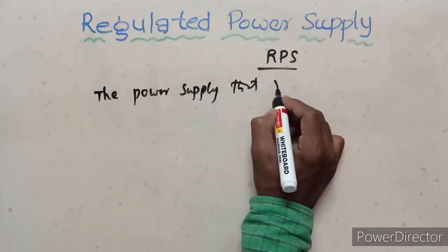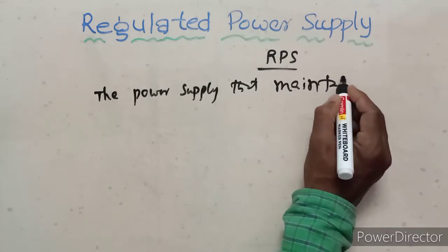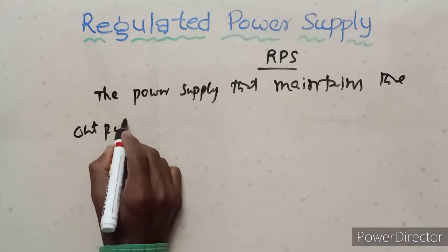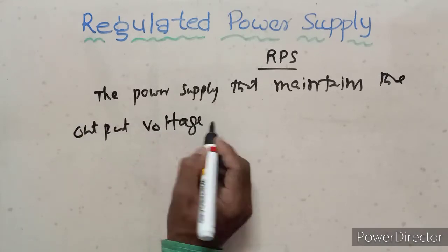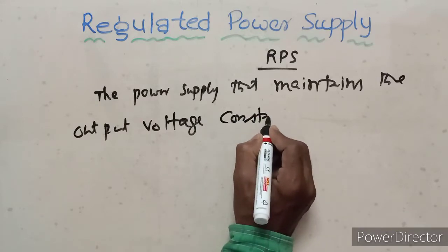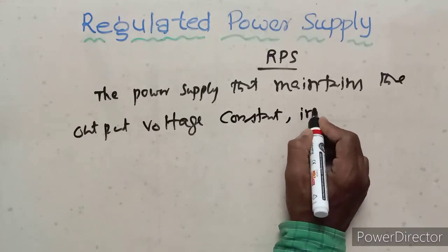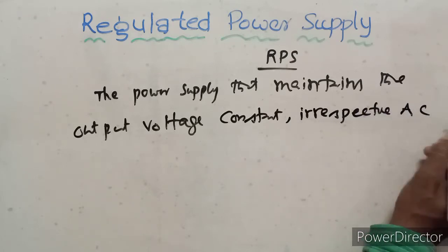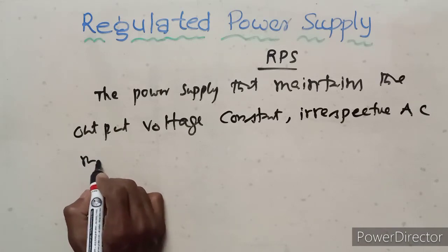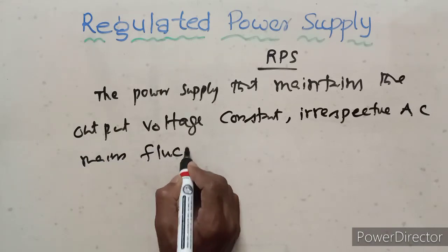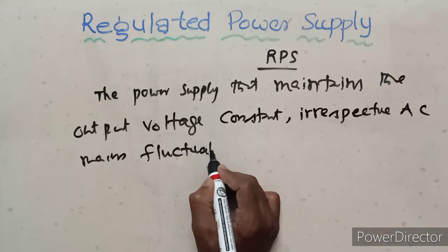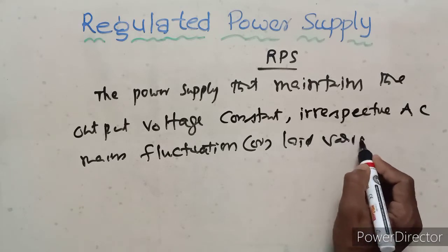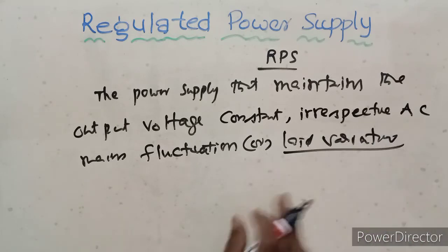that maintains the output voltage constant irrespective of AC mains fluctuations or load variations. Fluctuations means ups and downs.